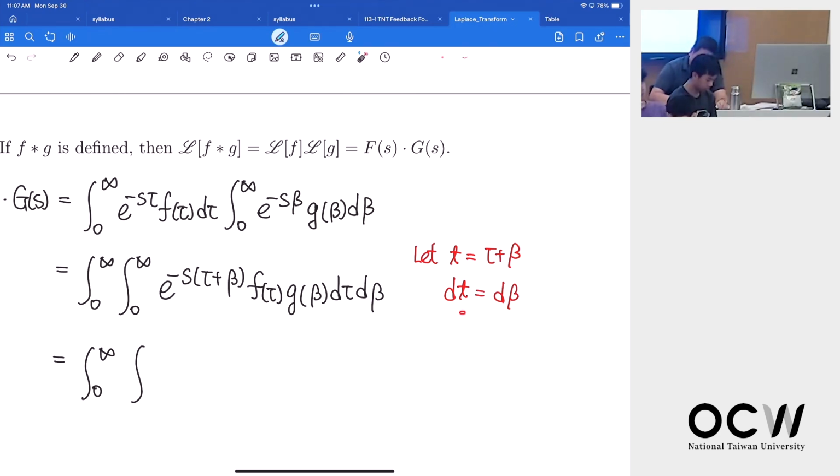So for dt, my integral should be from tau to infinity.